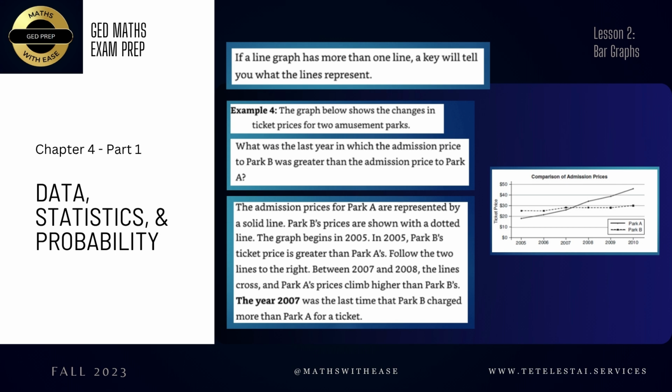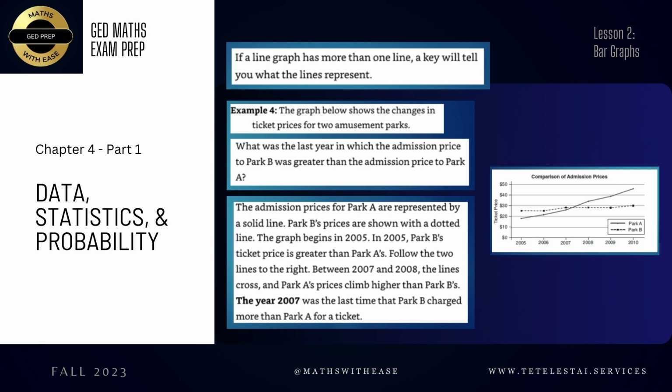We went from 2005 to 2006, and we gauged the prices, and then we continued, right? And then we noticed that between 2007 and 2008, the lines meet, or the lines cross, right? And so we said that where the lines cross means that that's the point where both parks were charging the same amount. In this case, around maybe $29, okay?